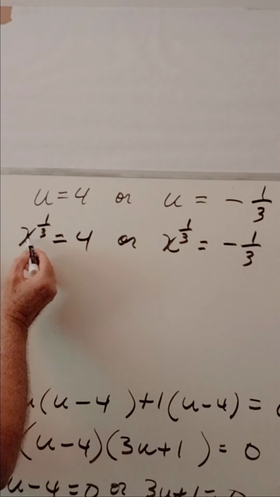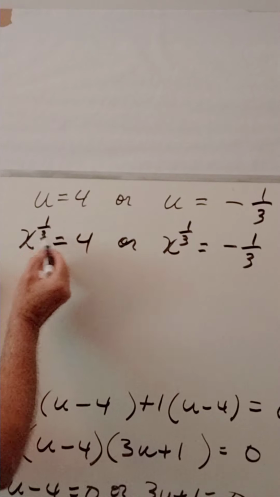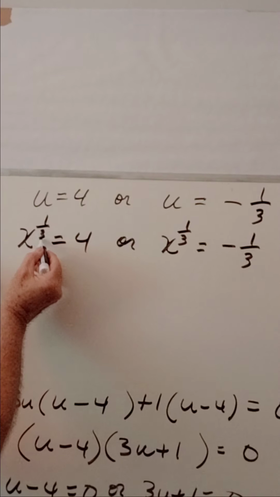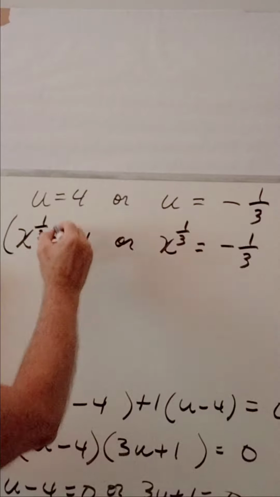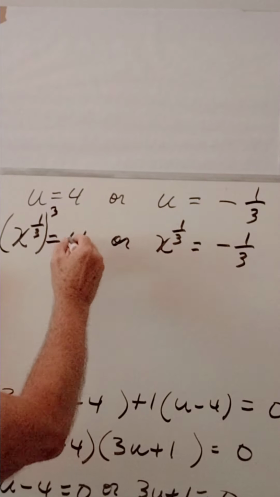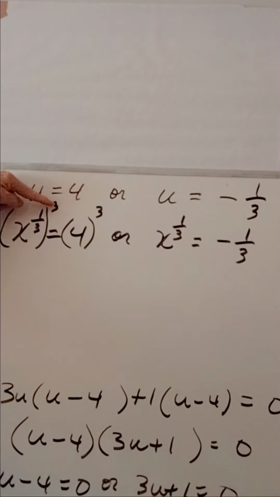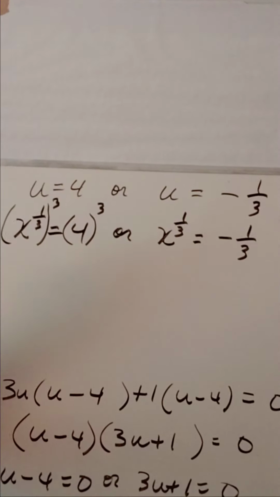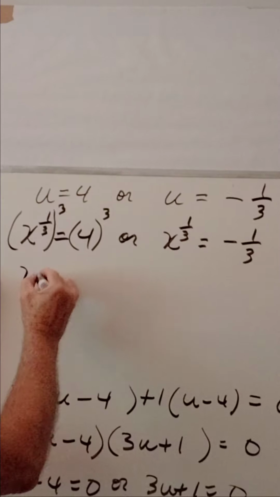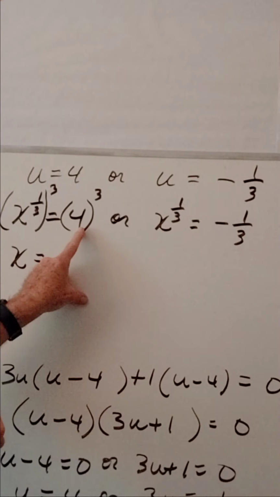We're going to raise both sides by the power of the index. We're going to raise the left-hand side to the third, and likewise the right-hand side to the third. 3 times 1/3 is 1. So we have x is equal to 4 to the third.